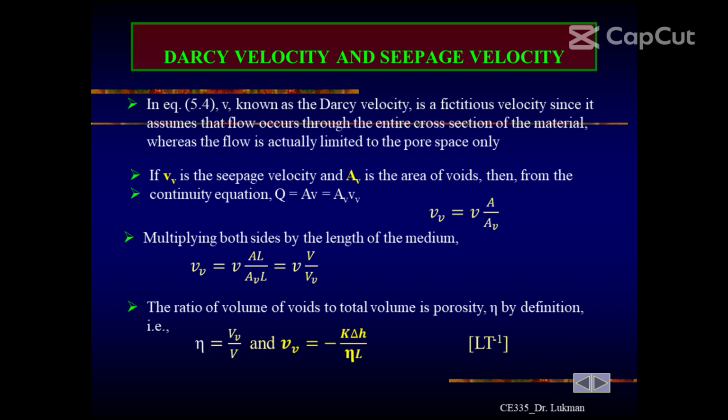And the velocity, right? But the area of flow will now be given by NA, isn't it? Are you following?